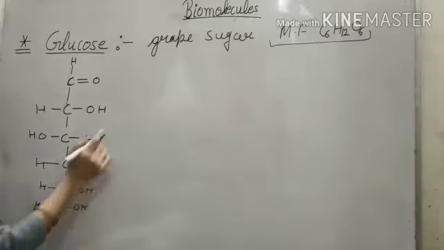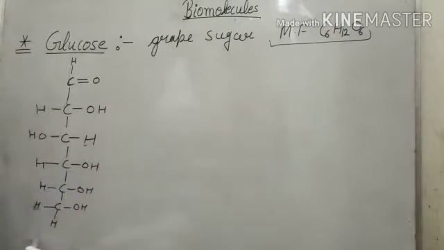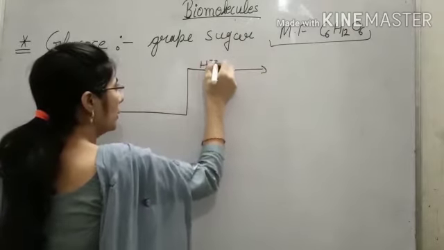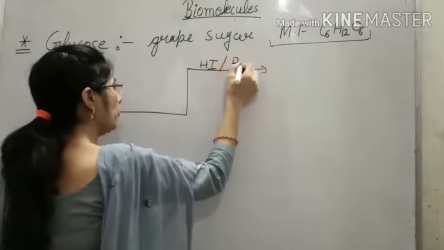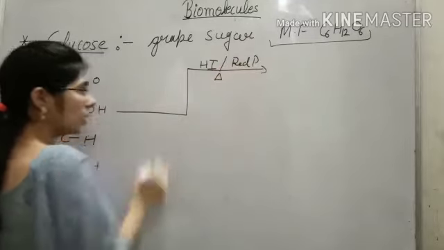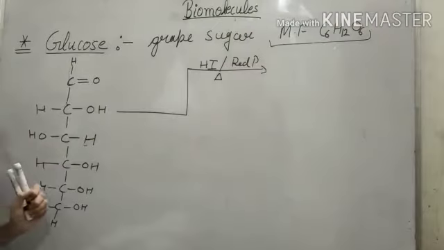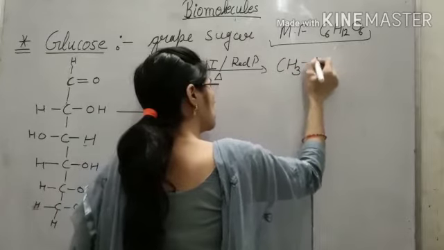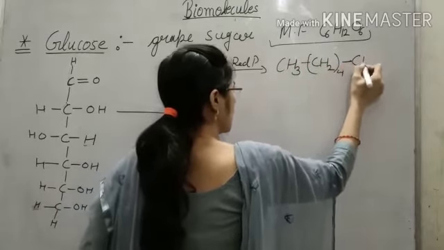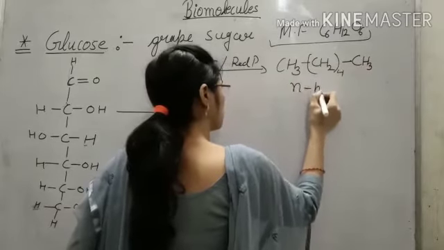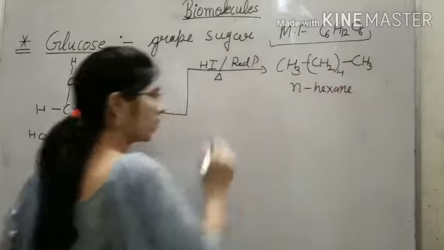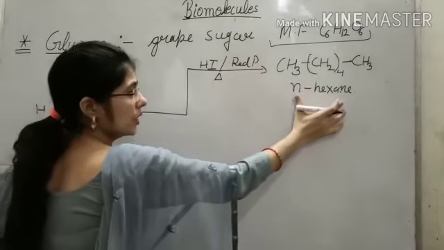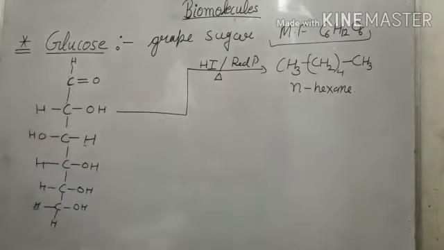In glucose, all the carbon atoms are present in a straight chain. When glucose is heated with HI in the presence of red phosphorus, it gives n-hexane, CH3 (CH2)4 CH3.